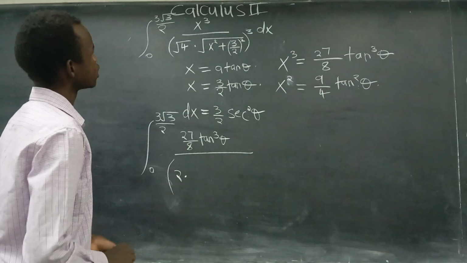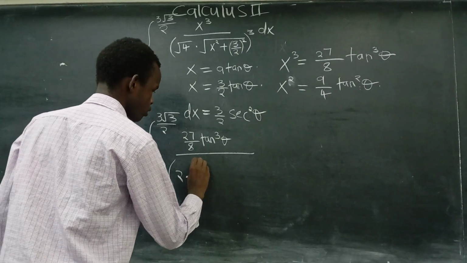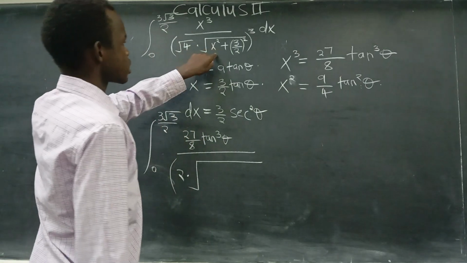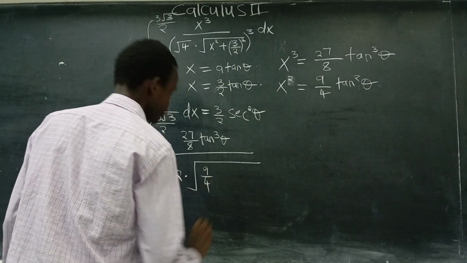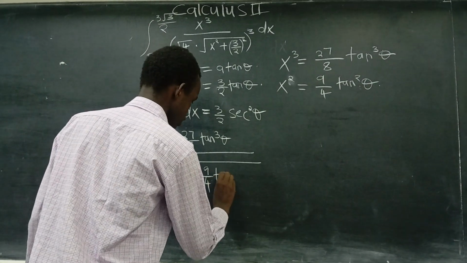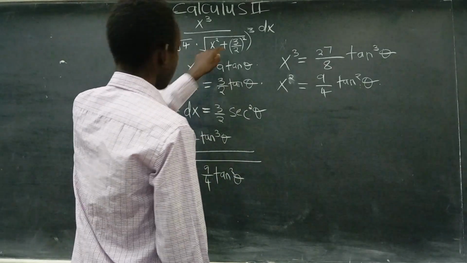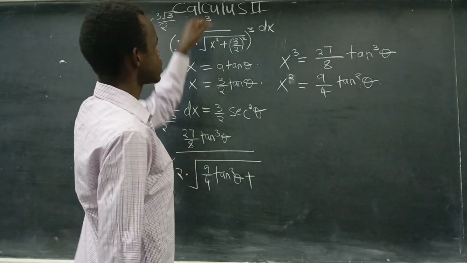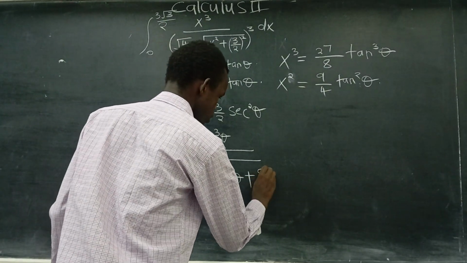Multiplied by, inside the sum, the square root of, what's my x squared? I'll replace my x squared with that, so I'll write 9 over 4 tan squared of theta, okay? Plus, what's 3 over 2 squared? It's just the same as 9 over 4, okay?